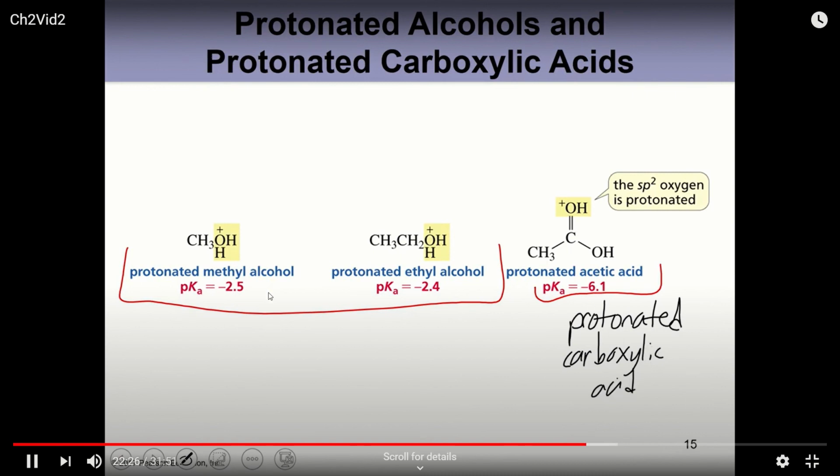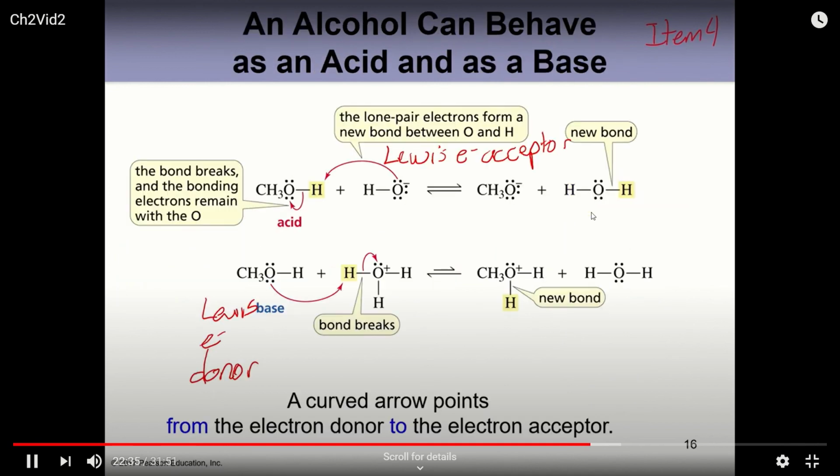So if you recall, alcohols that are not protonated are 16, and carboxylic acids that don't have the additional proton are 3 to 5.